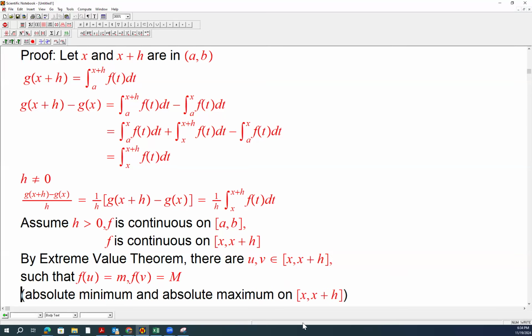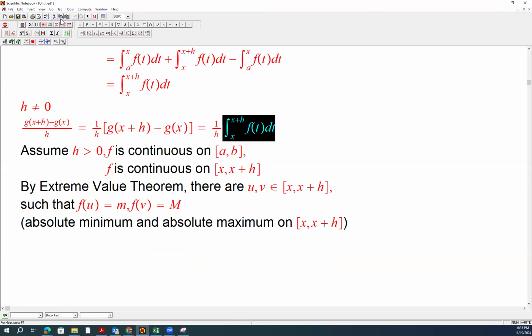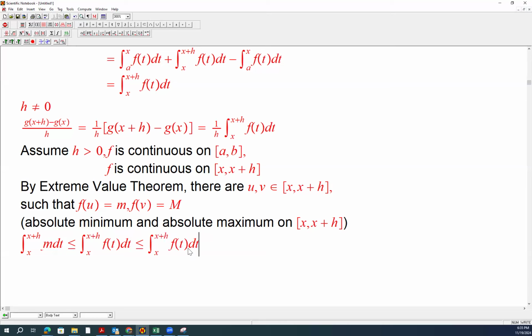With that, because h is positive, we look at this piece. On this piece, f has an absolute minimum, so this should be greater than or equal to the integral where the function is replaced by its absolute minimum, and on the other side it will be replaced by the absolute maximum.